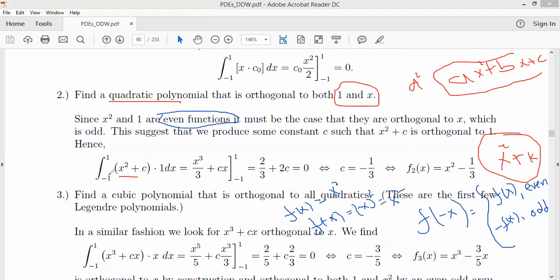So that is even. And the one here, of course, if you have plus or minus 1 and you square this one here, this will always give you a positive 1, which is again scenario 1. So that's why we are saying that since this and this are even, then it must be the case that they are orthogonal to x, which is odd. You get that 0. So even and even is even, even and odd is odd.